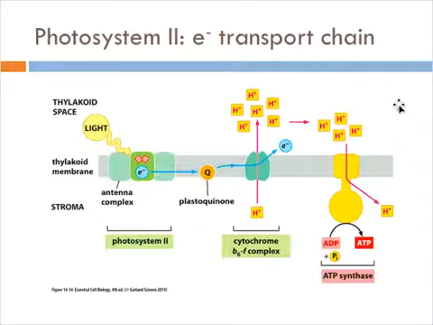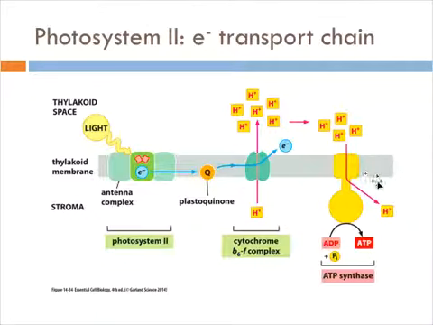So we know there's similarities. What are the differences? Remember that in the chloroplast, we have an extra compartment. So we are pumping protons into the thylakoid space from the stroma. So this is not happening along the inner chloroplast membrane.